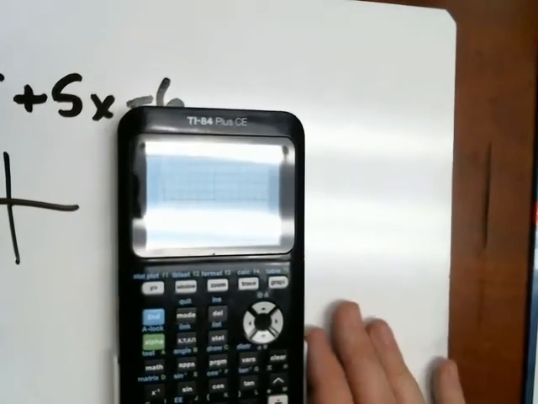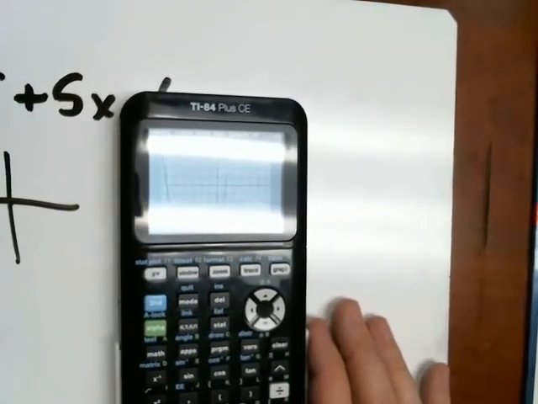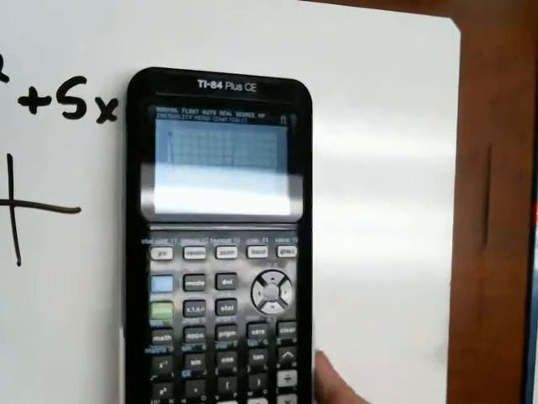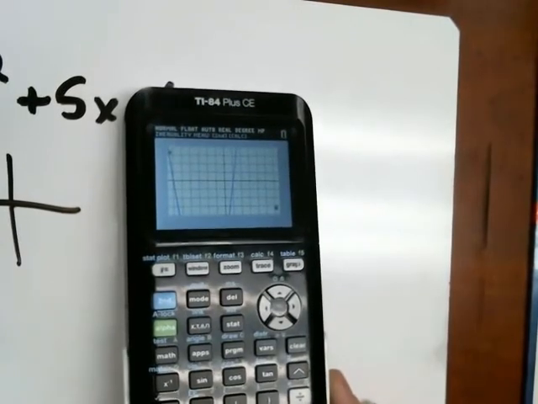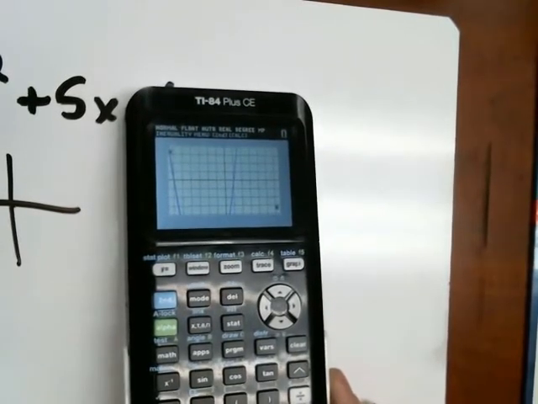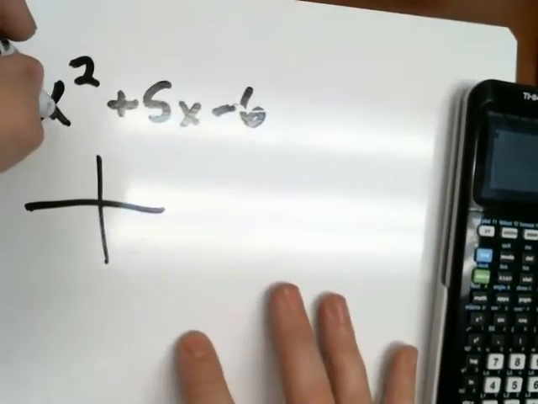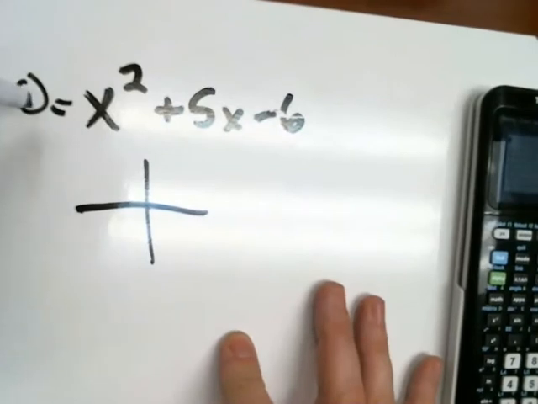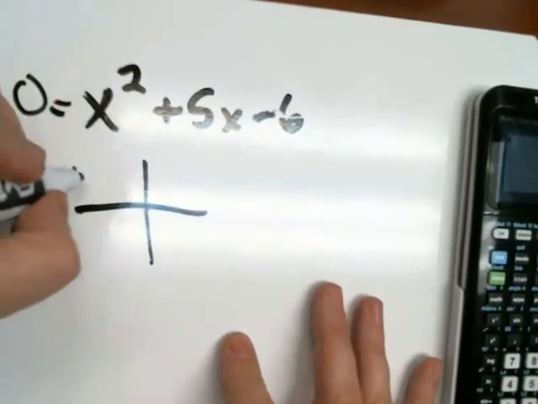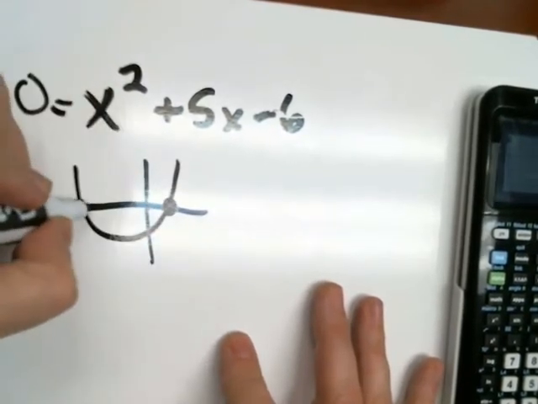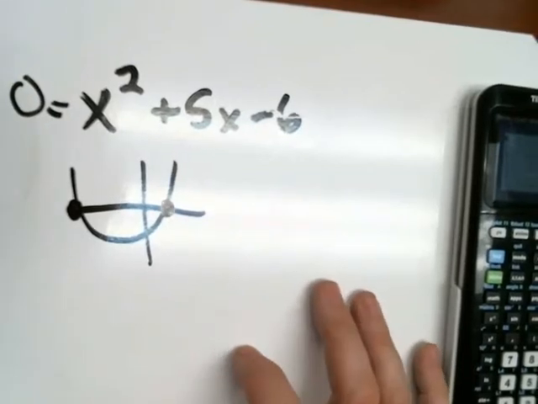And we'll get a parabola that crosses the axis in 2 places. I want to know where those 2 places are. That means there are 2 different numbers that if I plug in for x will make this equation equal 0. So we're concerned with both of those places where y equals 0.